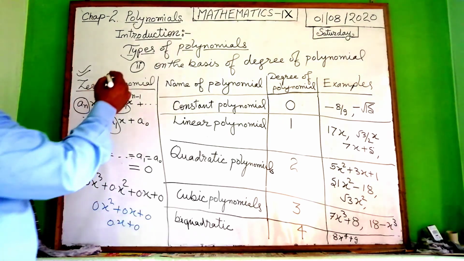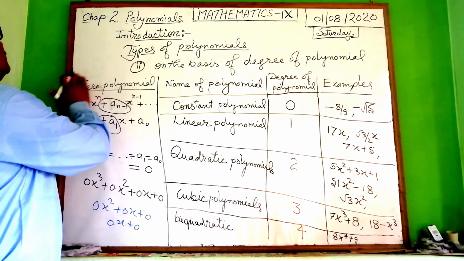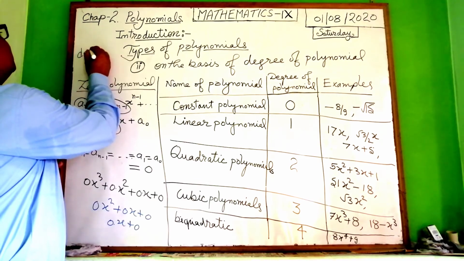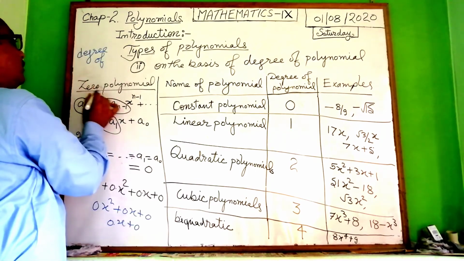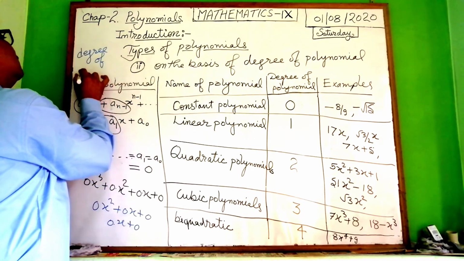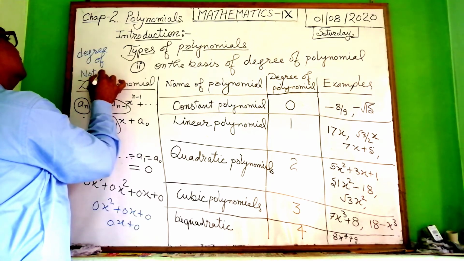It means the degree of the zero polynomial is not defined.